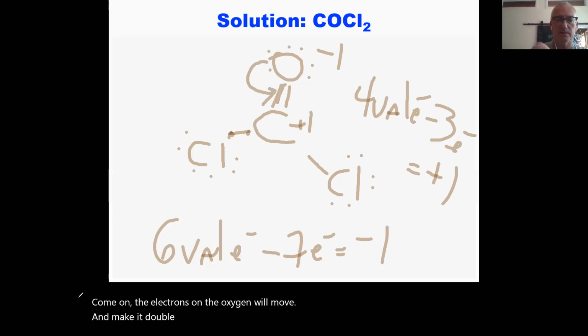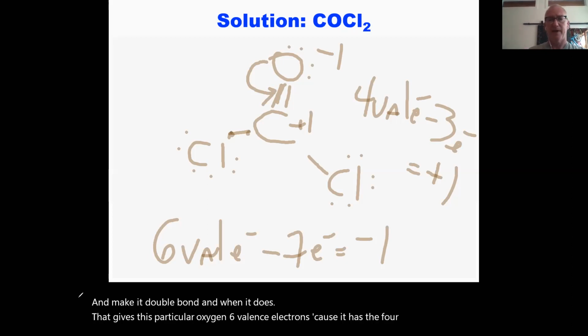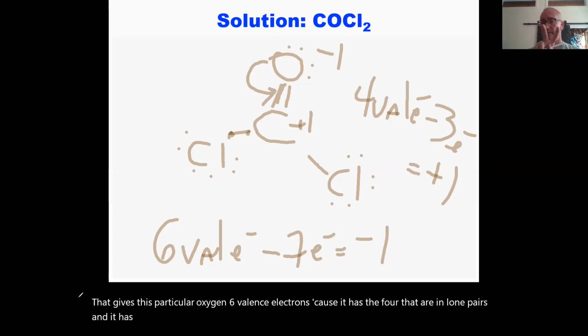And when it does, that gives this particular oxygen 6 valence electrons because it has the 4 that are in lone pairs and it has 2 bonds. So it gets to keep one from each bond. So it's got a total of 6. So now there is no charge on oxygen.